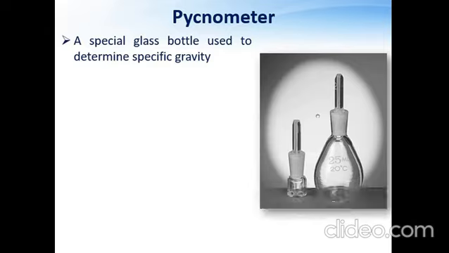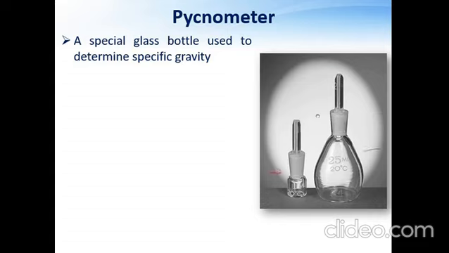And let's go to another important piece of equipment. This equipment is used to measure specific gravity. A pycnometer. A pycnometer is a special glass bottle used to determine specific gravity. If you look at the picture here, you will see different shapes, right?